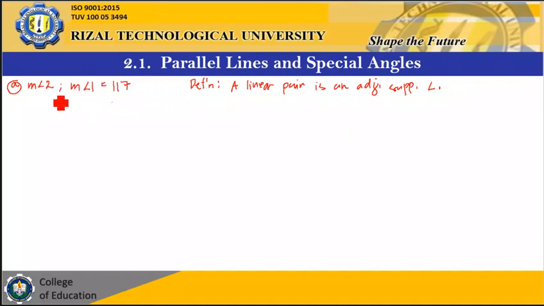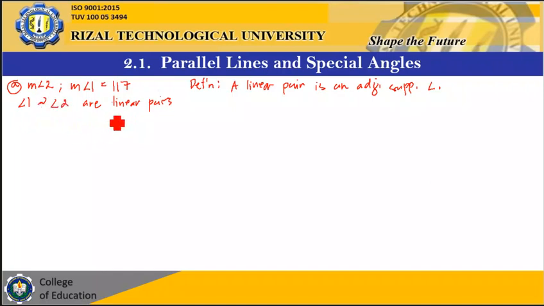Okay, so we say that angle 1 and angle 2 are linear pairs. So I'm going to show first the relationship.